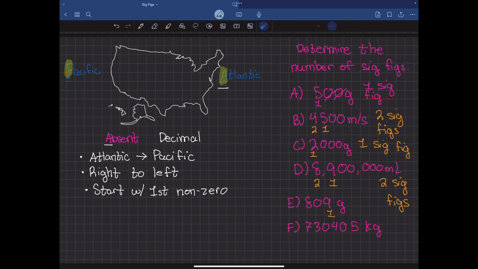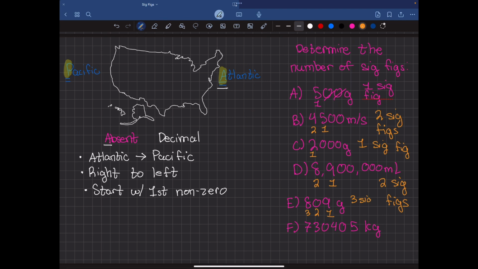And since we start with our first non-zero, the zeros following our first non-zero will be significant. So, 9 is a sig fig. This 0 is a sig fig. It's following our first non-zero, which is a sig fig. And this 8 is obviously a sig fig as well. So in this case, we have 3 sig figs.